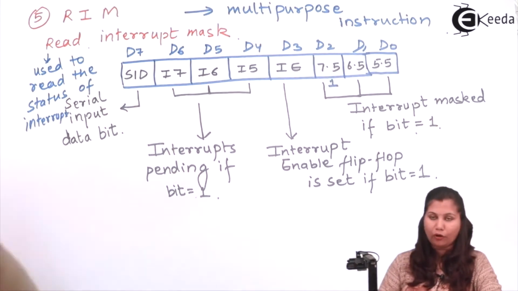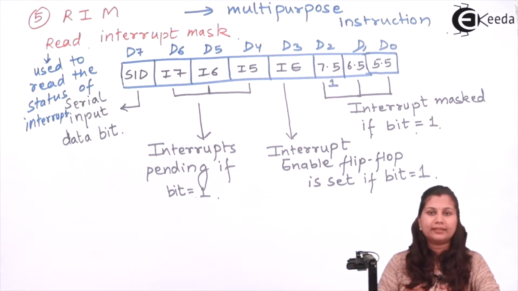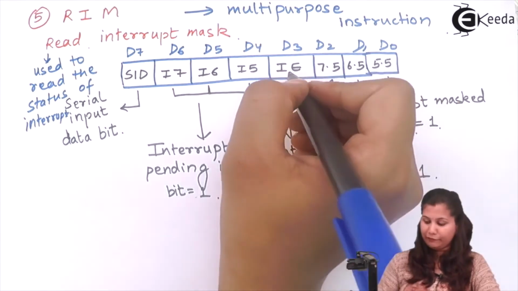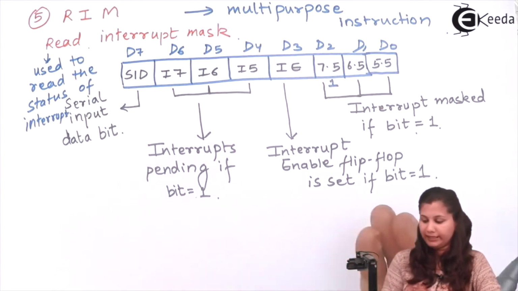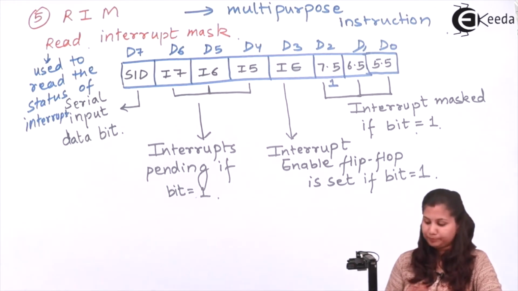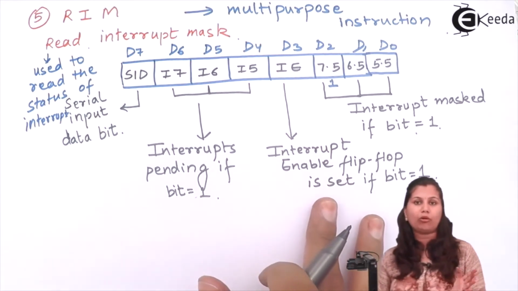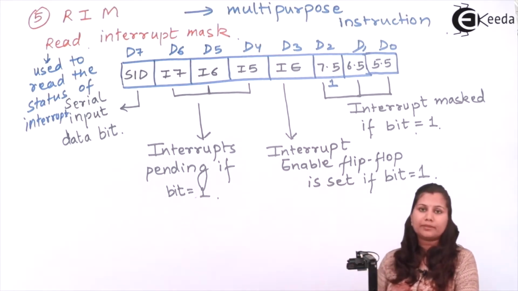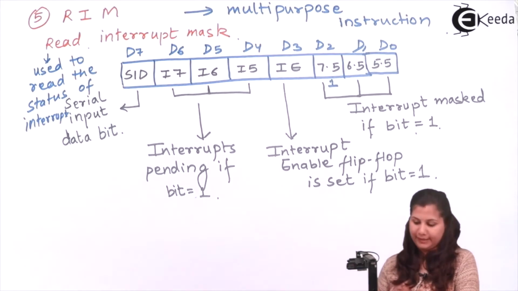So this is for setting or resetting the interrupt enable flip-flop. If it is 0, then it will be reset. If it is 1, then the flip-flop will be set. That is, all the interrupts will be enabled. So this is used to enable or disable the interrupts present in the microprocessor.